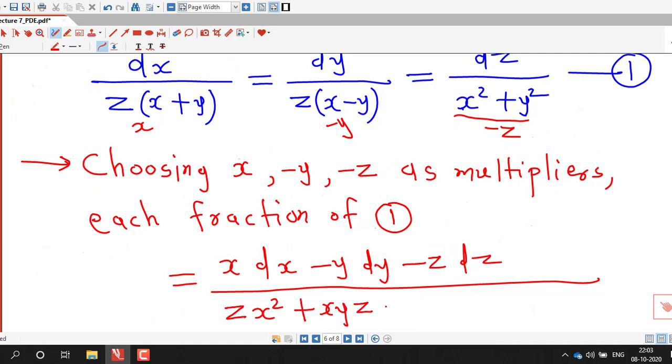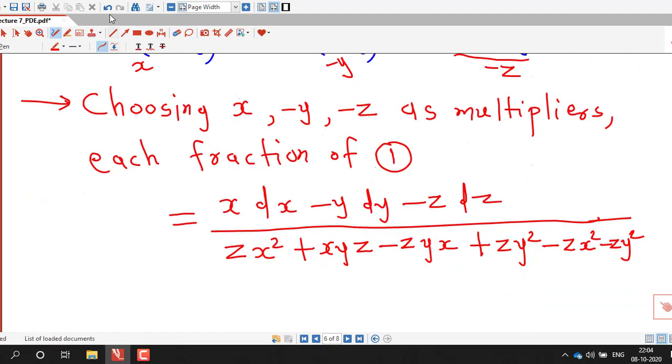Here I multiply with minus y, so minus xyz, minus minus plus z into y square, and here z into x square minus z into y square. So you can see terms cancel out each other. xyz is cancelled out here, z into y square minus z into y square.